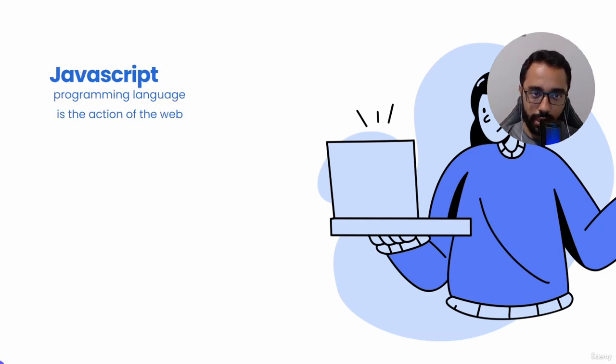Last but not least, JavaScript. JavaScript is a programming language, different from HTML, right? It does the action of the web. Let's say that you click on a button, do a login, change to another screen, and see other information. This all happens through JavaScript. If you only use HTML and CSS, you won't have any actions.